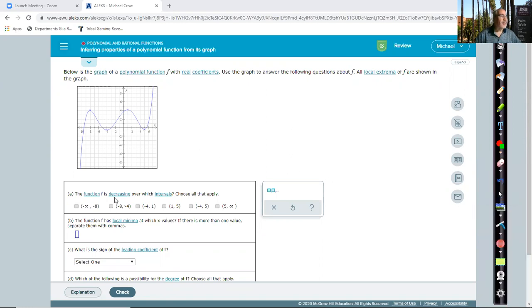So when we're looking for the decreasing parts of the graph, we have to find these turning points, because that's where it changes from increasing to decreasing. So here's one at -8. Here's one at about -4, we'll call it.